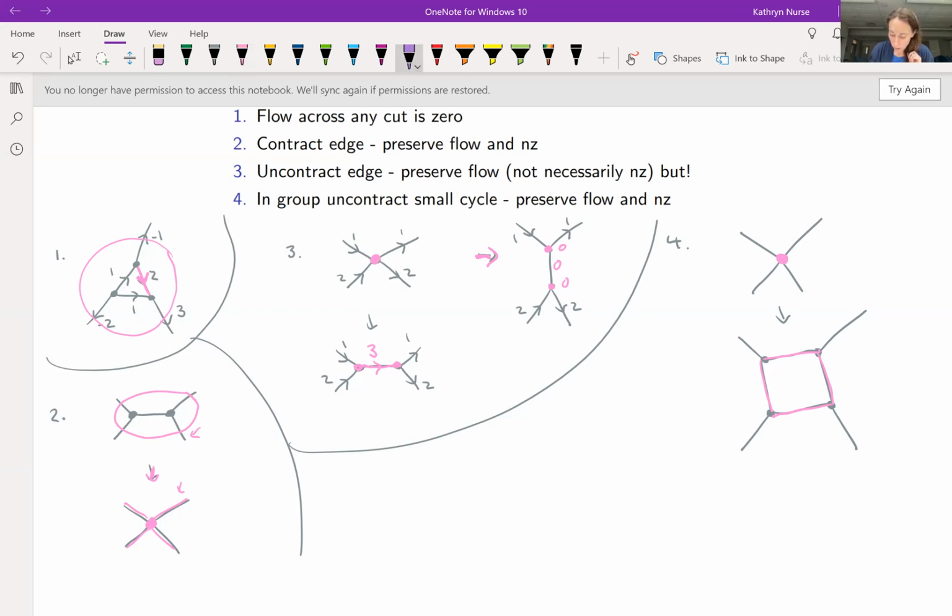But this cycle has kind of a flow that I can put around the cycle. I can put a flow of 1, or I could put 2, or I could put 3. Let's say we're in a group Z mod K. I can put 0 all the way up to K minus 1 around this group.